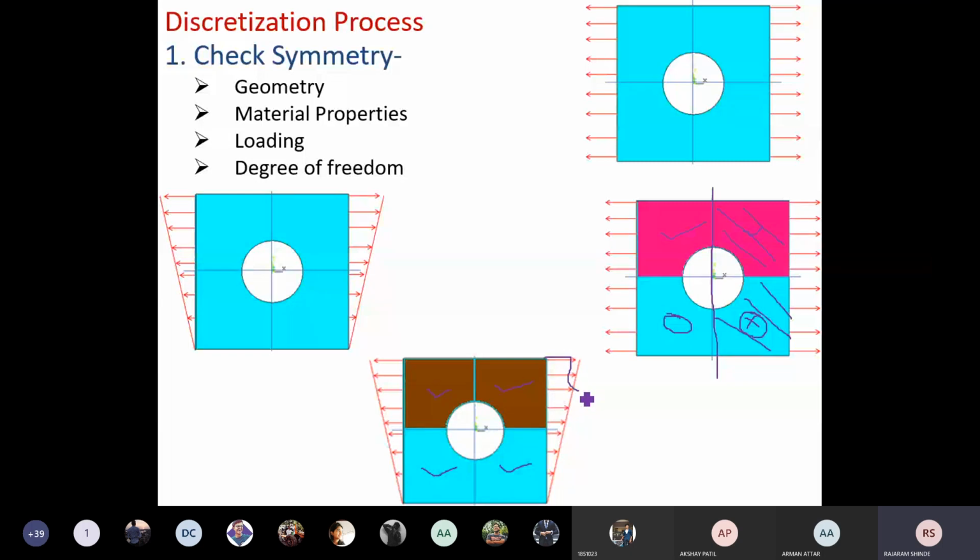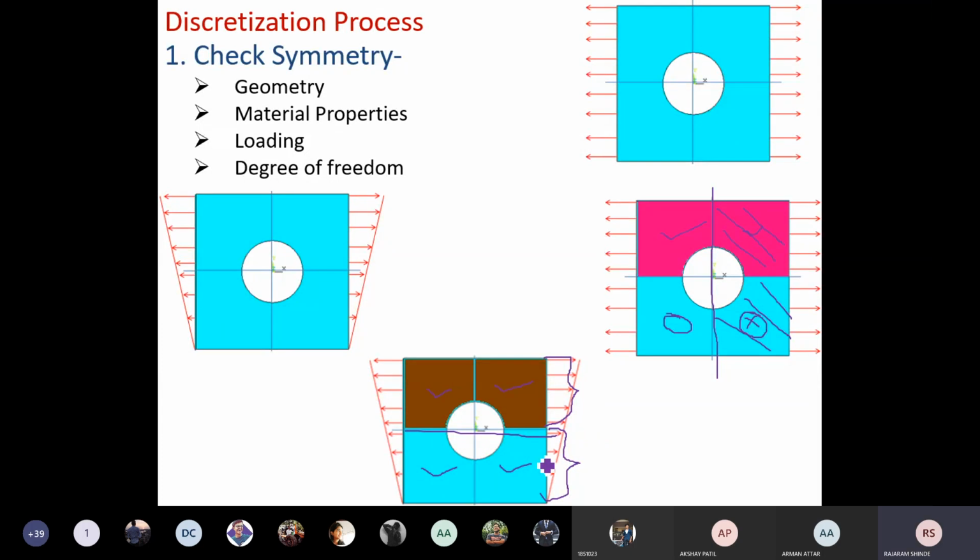You see this one, this size is smaller and this size is bigger as compared to this dimension, that means geometry is not symmetric about this horizontal axis. Material is symmetric about vertical axis, not horizontal, and loading is not symmetric about the horizontal axis.